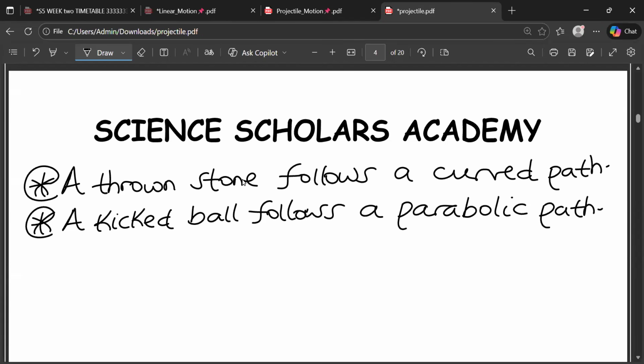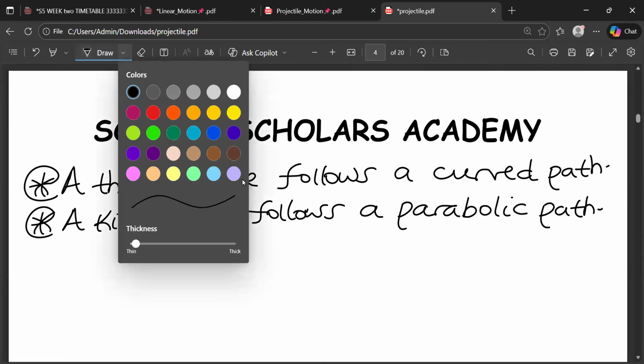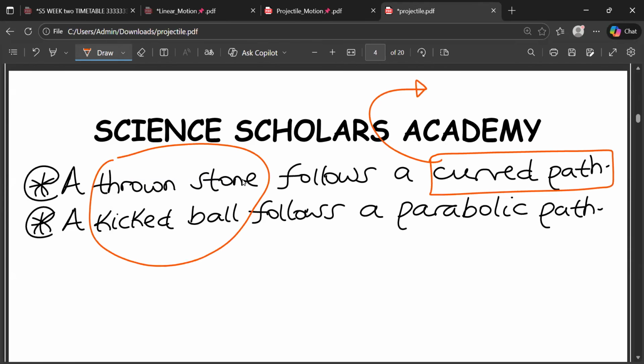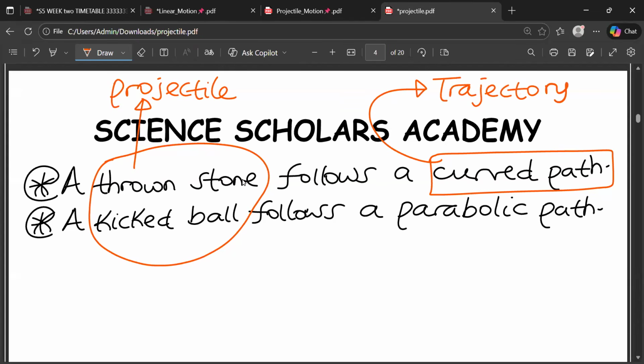So the thrown stone and the kicked ball are what they call projectiles. When the stone you have thrown is following a curved path, the curved path is now the what? The trajectory. When the ball we have kicked is following a parabolic path, the parabolic path is now the what? The trajectory.